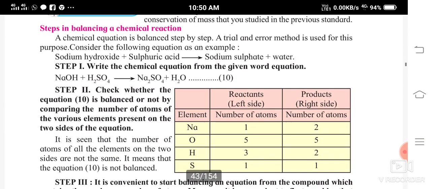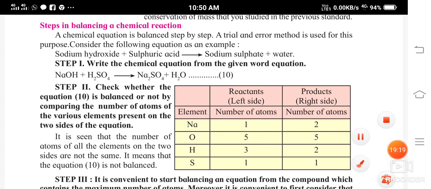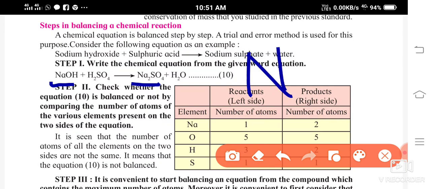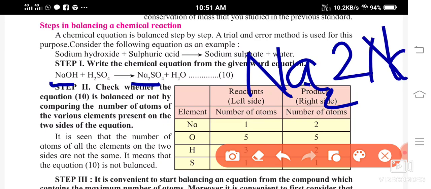So sodium, you saw, on the right hand side it is 2 and on the left hand side there is only 1. Now to make this equal you will have to make 2 atoms of sodium. So how can you do this? Either you write it like this or like this.